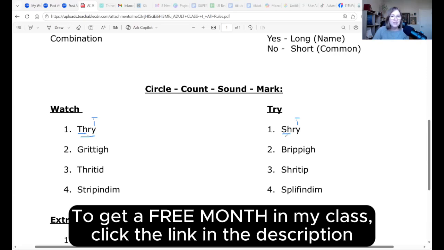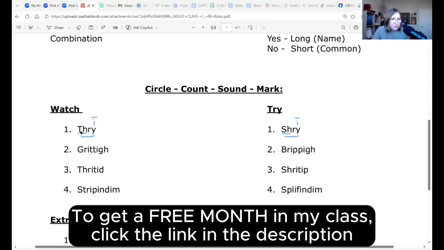Our digraph blend is sh, and then I. So we have shry. It's not a very easy word to wrap your tongue around because of that R, just the way that your mouth is shaped when it makes the SH sound and then going into the R and then over to the I. You kind of have to really focus on making sure that you get all three sounds. Shry. All right.